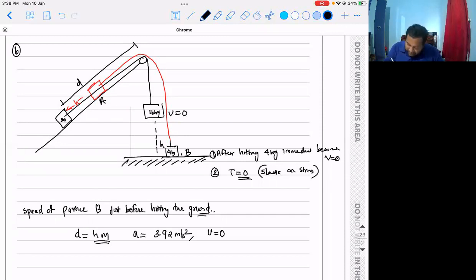So we can find it with h equal to ut plus half a t squared, but the time is unknown, right? So which equation can we use? v squared is equal to 0 squared plus 2 into 3.92 times h. The acceleration we got is 3.92, right?